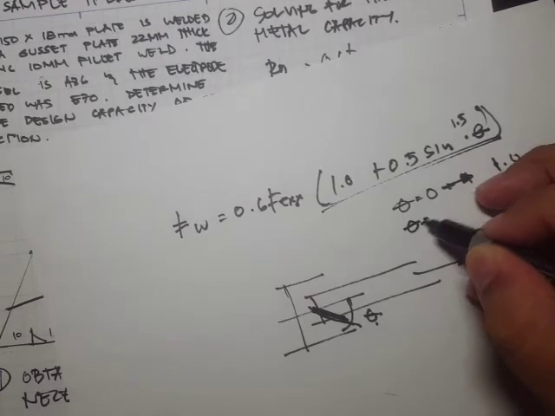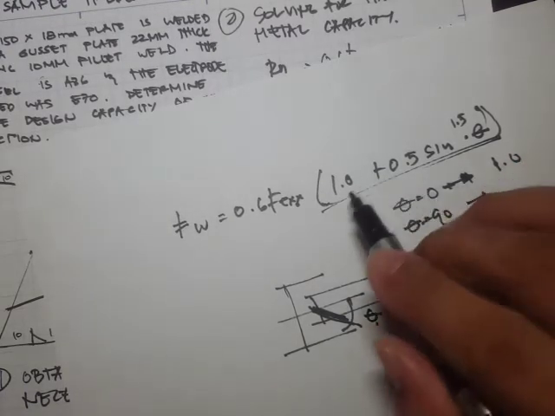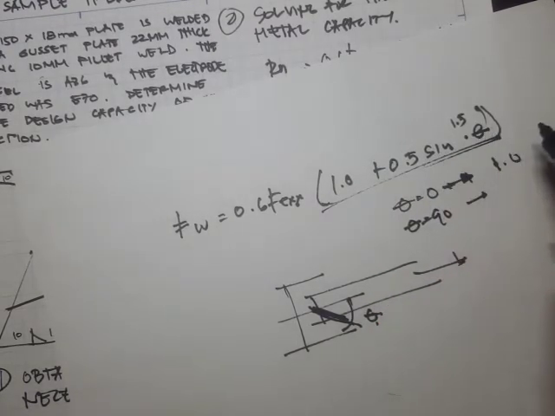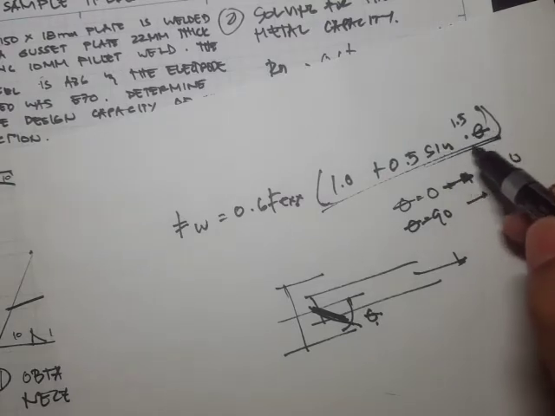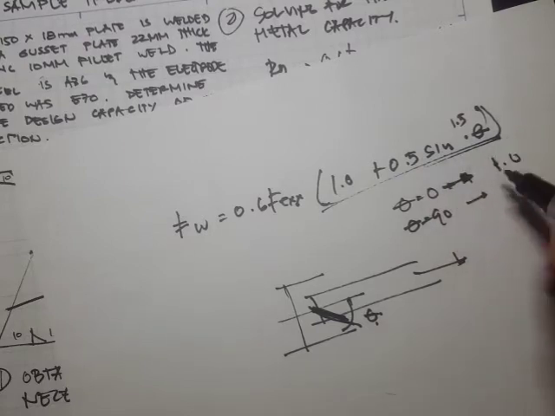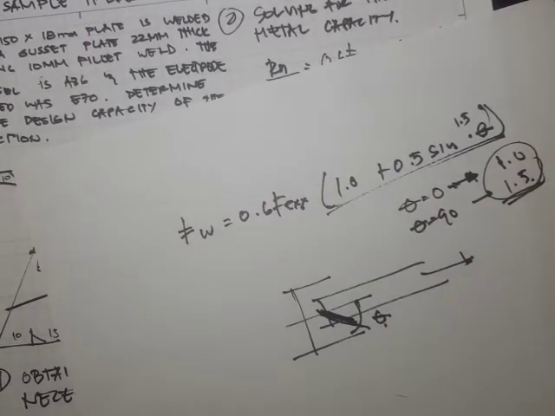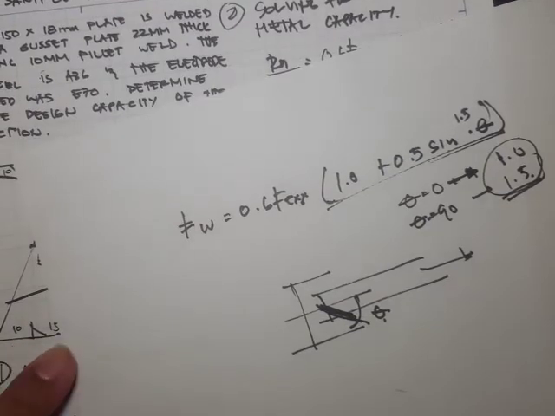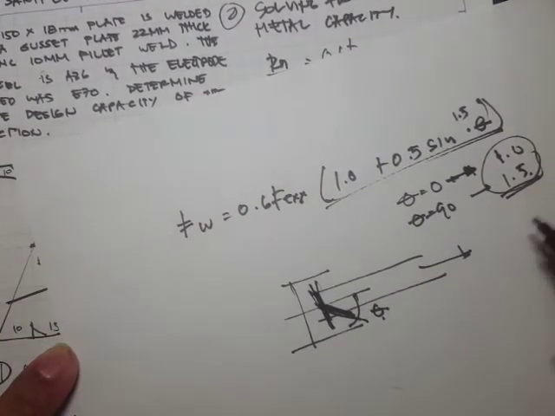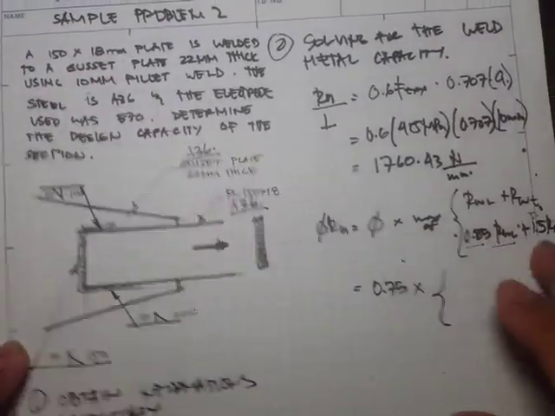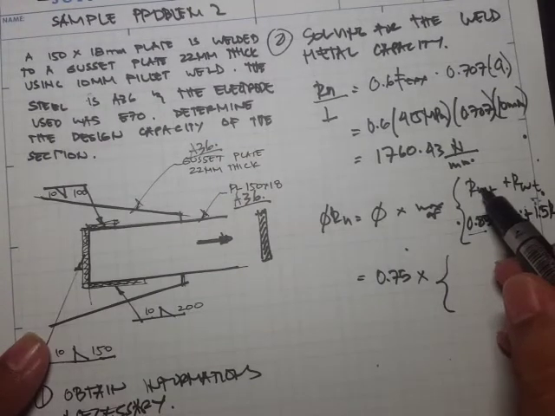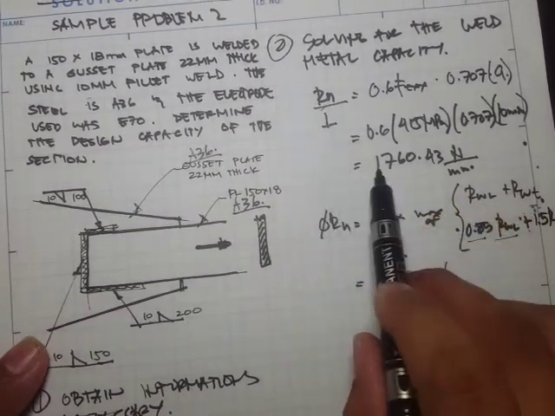But if your theta is 90 degrees, sine of 90 is equal to 1, so 0.5, and that's going to be 1.5. So you have an increase of 1.5 in the capacity for the transverse, but again, for simplicity's sake, we just use the same.